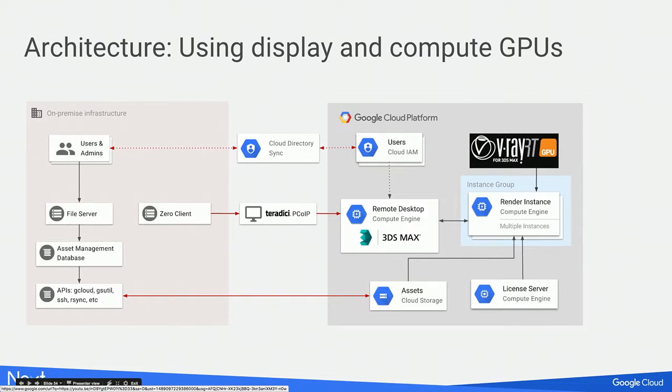So how did we do this? This is a slightly more complex architectural diagram of how we did this. For example, right now we're not doing any asset management database, or syncing our Cloud Directory user database. But we are running over Teradici PCoIP, which is PC over IP, a remote desktop protocol developed by a company called Teradici.